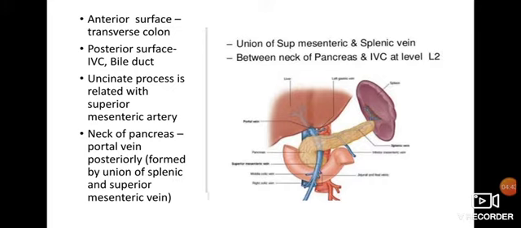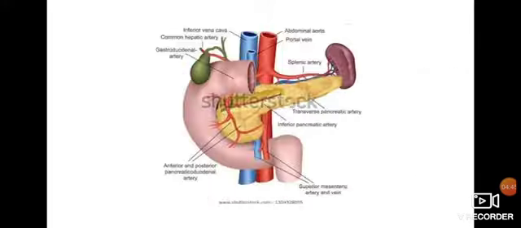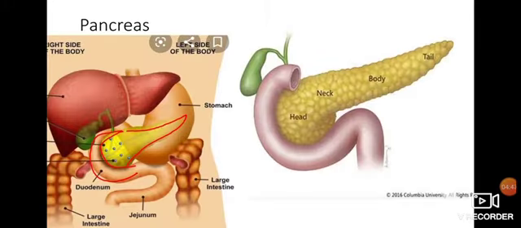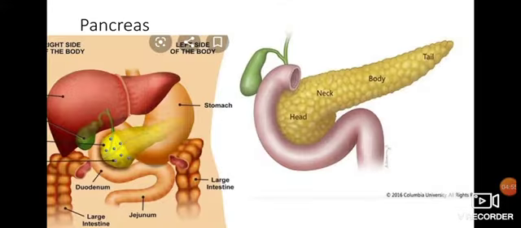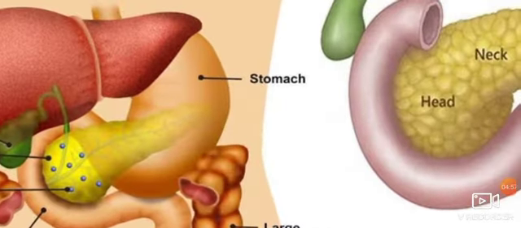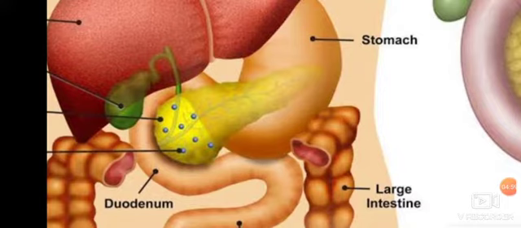Then regarding the surfaces, there are the anterior surface and the posterior surface. See this diagram. What is present anteriorly? Nothing is there here. The anterior part of the head is visible from outside, but one structure is crossing along the anterior surface.